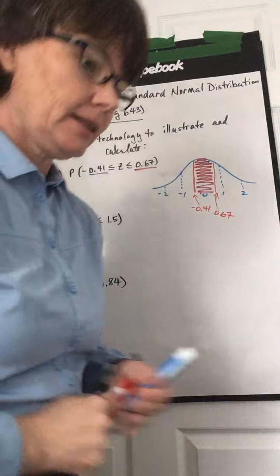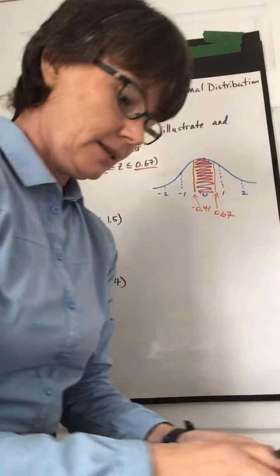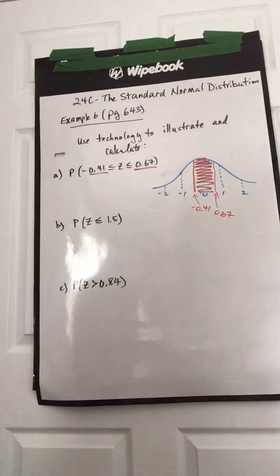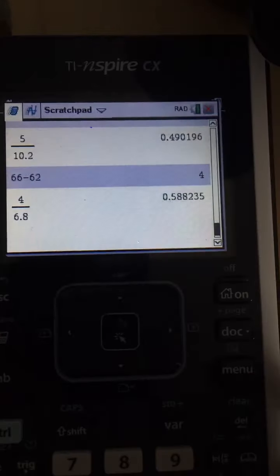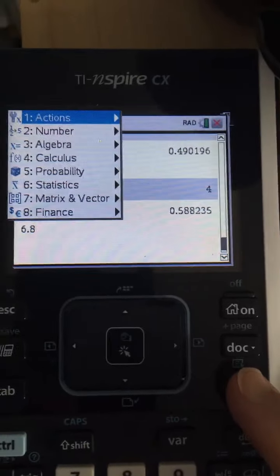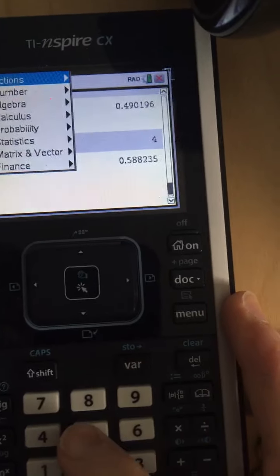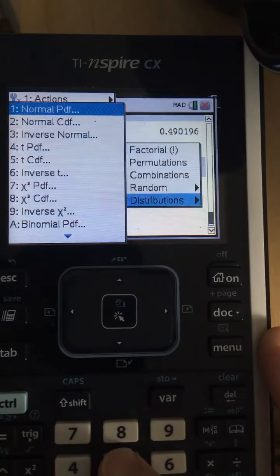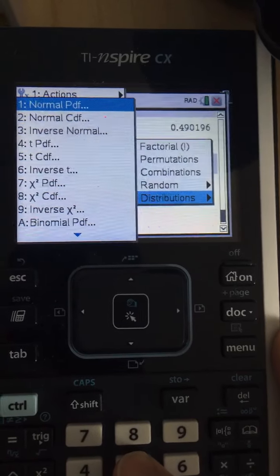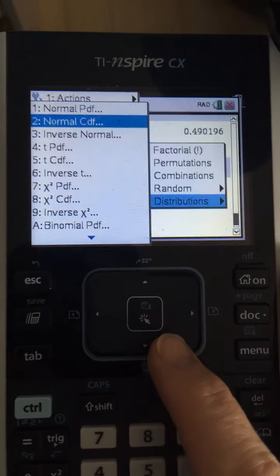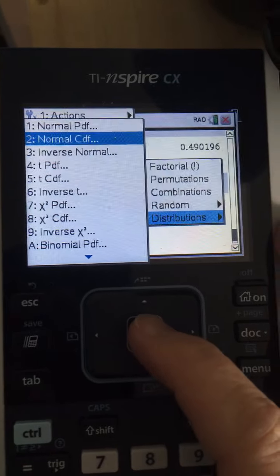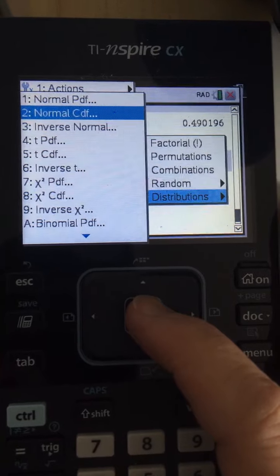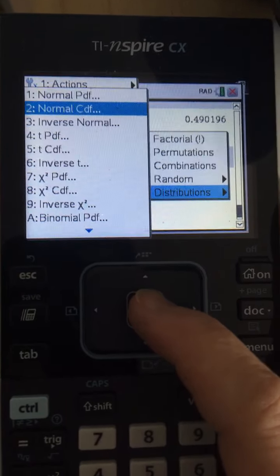So on our calculator, we can do this. We go to our calculator and we say menu, probability, number 5, distributions, also number 5. And we're still looking at normal CDF. It's a normal distribution, and we're looking with a lower bound and an upper bound.